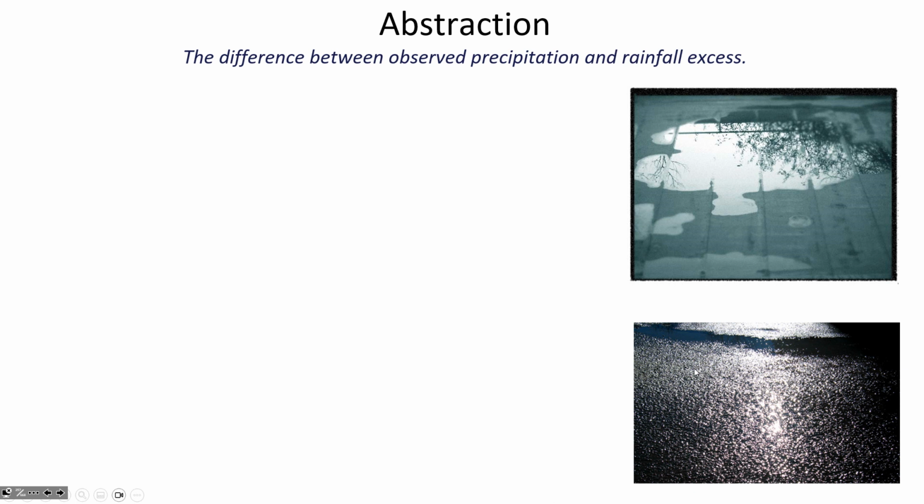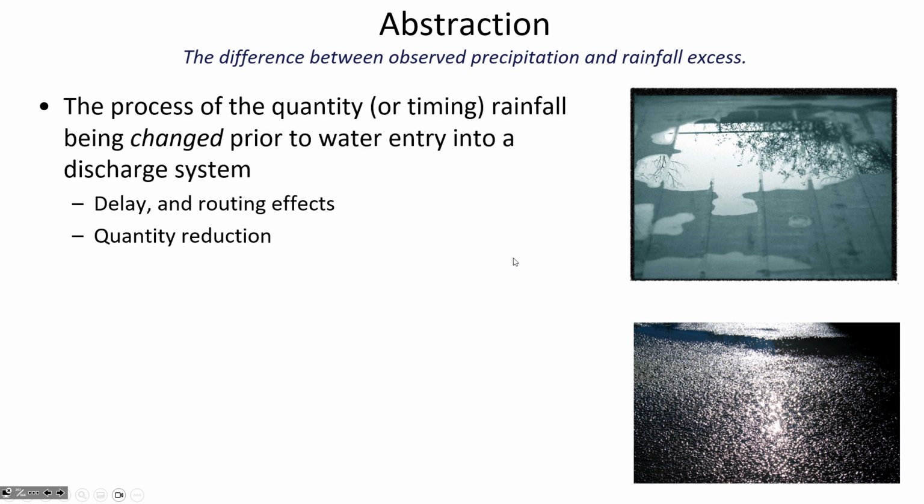The two pictures here give you a hint of some of the other things that have to be satisfied that are abstractions. So abstraction as a term means that we want to translate the quantity or timing of rainfall into the amount that actually is being discharged from a watershed. And so we have to take into account the delay that can occur when water moves over the surface. So you can see that this is like a smooth tile on the one hand and a rough pavement on the other.